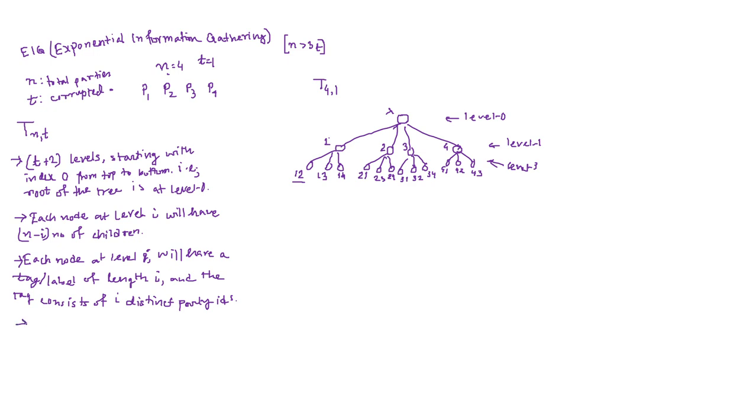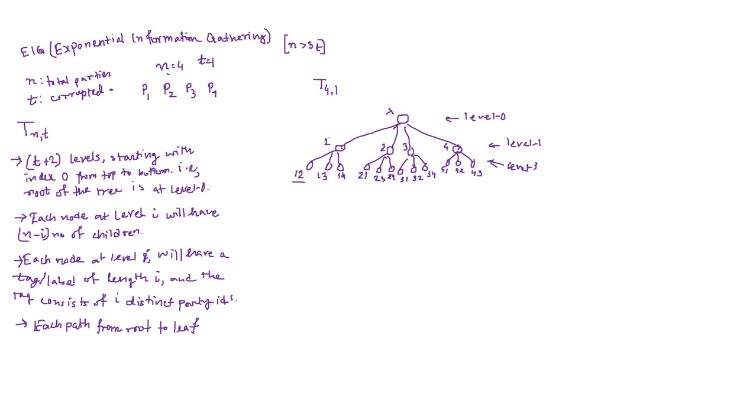And the last property is that each path from root to leaf, as you know, for a tree the root is the top and the last level nodes are leaf nodes, they don't have any children. Since the tree has t plus 2 levels, you can easily see that the length of any path is t plus 1.